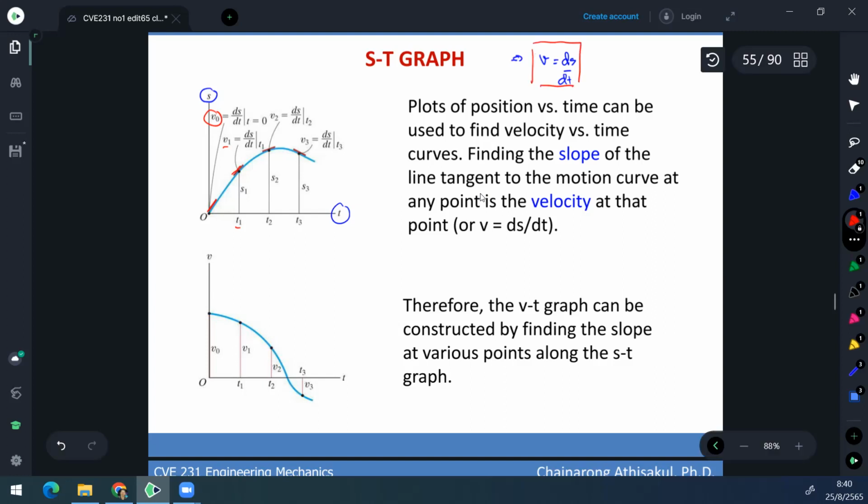If the position of a particle can be plotted over time like this, the particle velocity as a function of time, the v-t graph, can be obtained by determining the slope of the s-t graph and then using the slope to plot the v-t graph. So if we have s-t, we can plot v-t also. That is the first one.